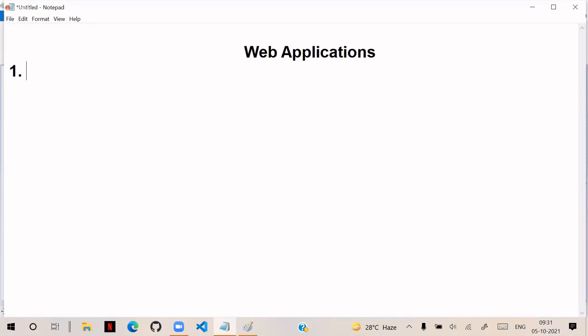So we are going to build web applications. The first question here is, what is web? Because we are going to build web applications, first we have to know what is actually the concept of web. And remember, these are all theoretical things which you have to know before starting anything practical.